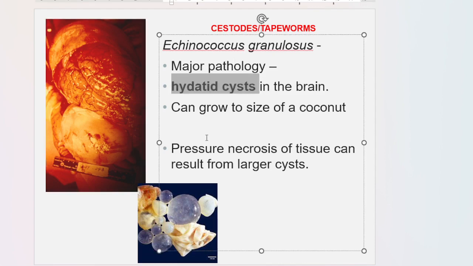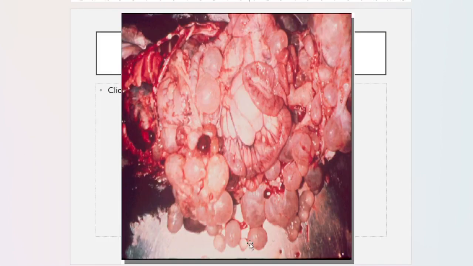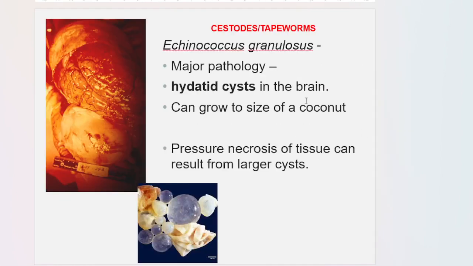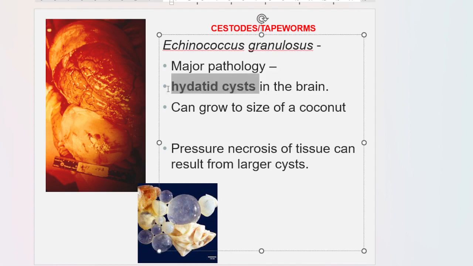So Echinococcus granulosus, what is the major pathology? Hydatid cyst in the brain. At yung mga ito, kanina, these are termed as the cyst, hydatid cyst. Pero usually, saan yan? Liver, lungs, and brain. So pinaka nakakatakot na kapag it reaches the brain. It can grow to the size of a coconut and contain as much as 2 liters of fluid.